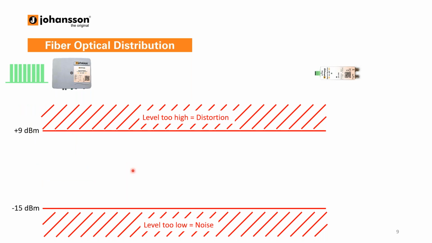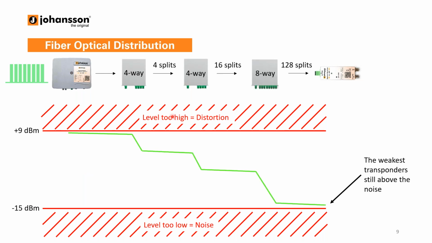All the transponders will be very close to the 9 dBm, almost at the maximum. If we start splitting from this type of signal, after 128 splits all your transponders are still above the noise, giving you a perfect RF signal at the output of the optical receiver. So in this case, we are able to do 128 passive splits from a single transmitter.